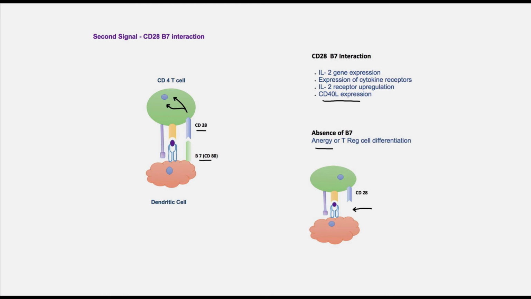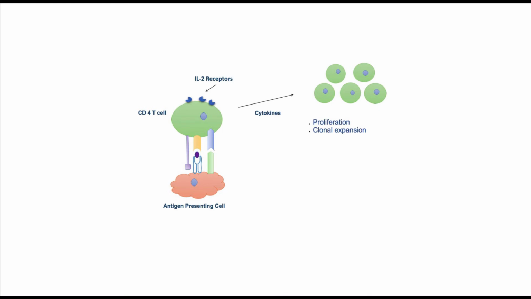CD40 ligand has role in antibody-mediated response, and its interaction with CD40 molecule present on B cells results in class switching of immunoglobulin molecules and other functions related to antibody-mediated response. So second signal results in production of cytokines, including IL-2, and upregulation of IL-2 receptors on surface of CD4 T cells.